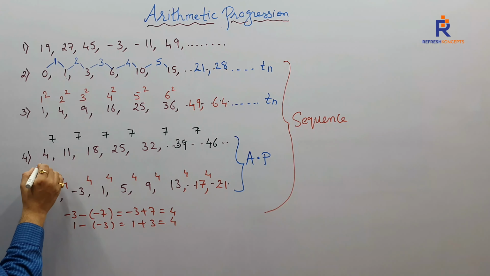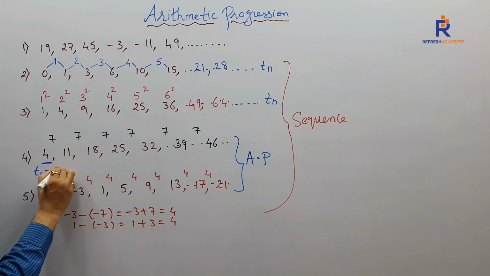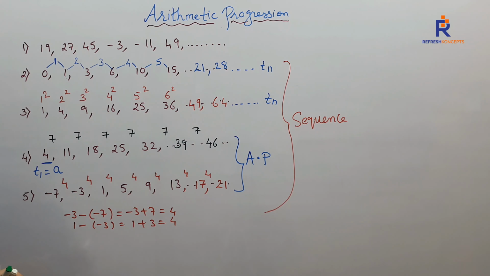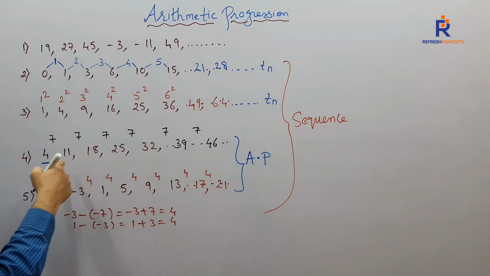Within an AP, the first term is termed as T1, or we can also represent it by A. A is termed as the first term within an AP.